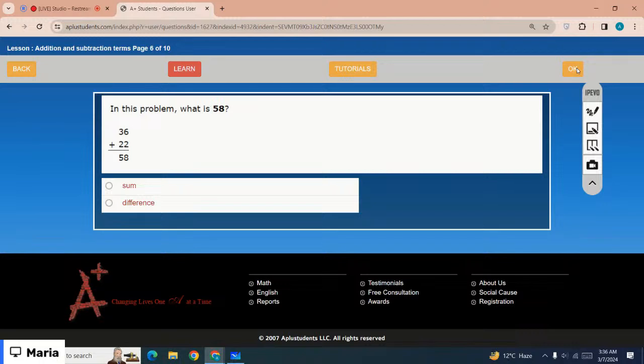In this problem, what is 58? Yes, the correct option is 58 is the sum of 36 and 22. The correct option is sum.